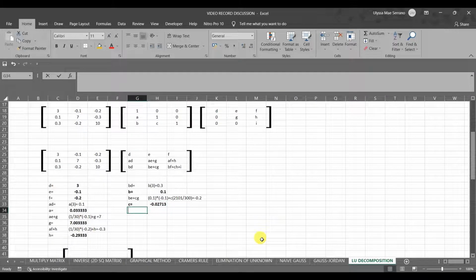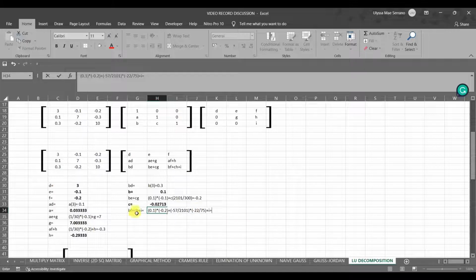Next would be BF plus CH plus I. So we have the value of B as 0.1 multiplied by the value of F, which is negative 0.2, plus the value of C. The fractional value of C is negative 57 divided by 2101, multiplied by the value of H, and the fractional value of H is negative 22 divided by 75, plus I. I is unknown because we don't have a value yet.